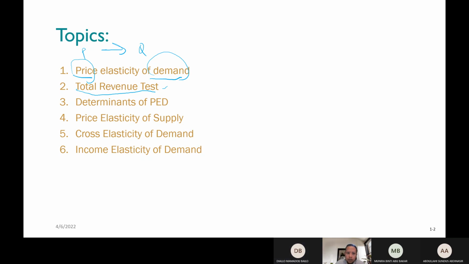So this aspect: let's say you have a pizza restaurant, and you're selling one slice for 10, and you can sell 100.